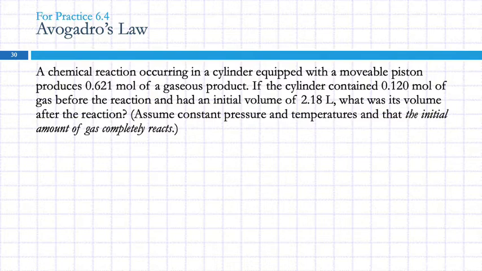Okay, so we're going to go looking for numbers. So I've got 0.120 moles, and I've got 0.621 moles, and I've got 2.18 liters. And then the question word, what is the volume? So let's make a table and collect those numbers.